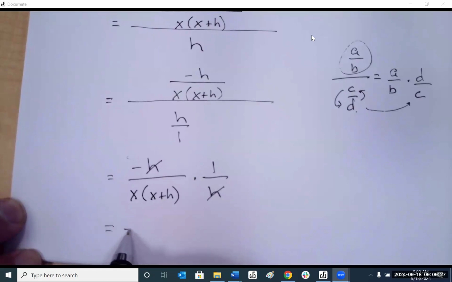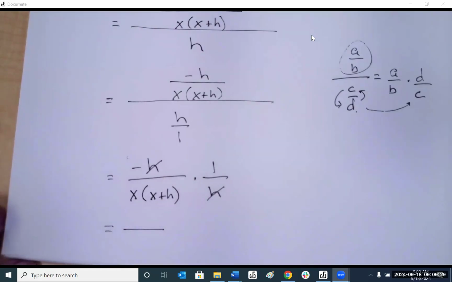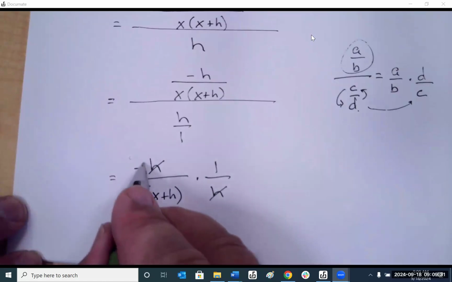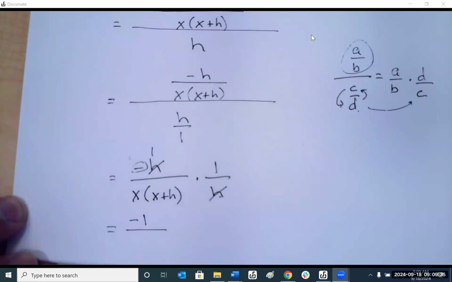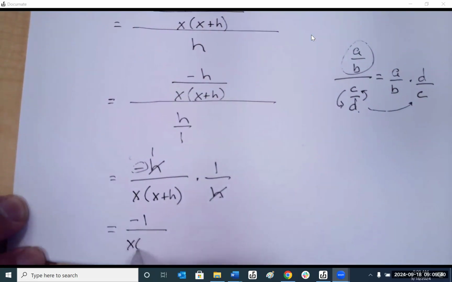So what do we have left on top? Negative 1, because h goes in h one time. And on the bottom, we have x times x plus h, which is my slope.